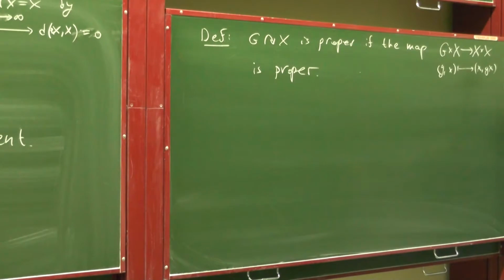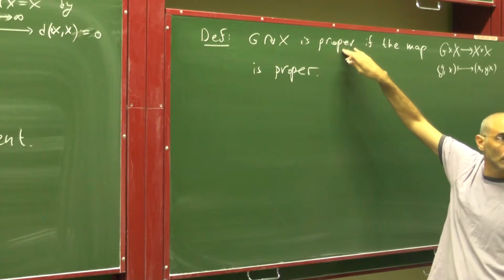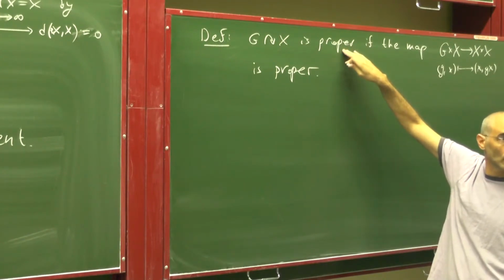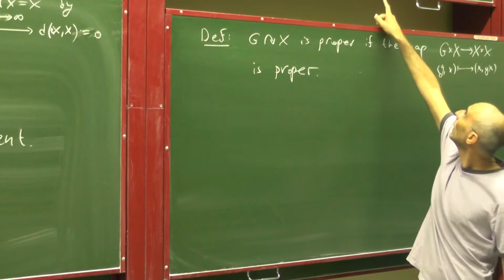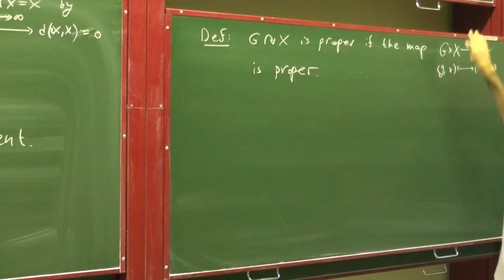Okay, this is the definition. It's a rule of thumb that if you want to define a property of an action, you take a property of maps and apply it to the action map. This is kind of the good point of view. That's fine that you're not happy, but this is the definition.